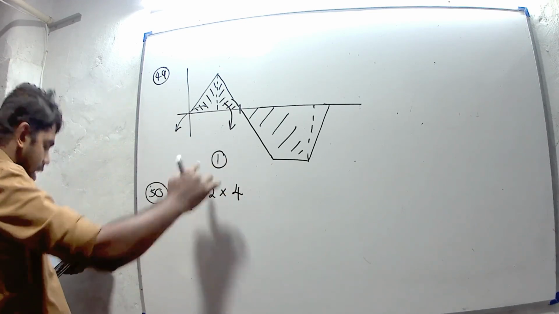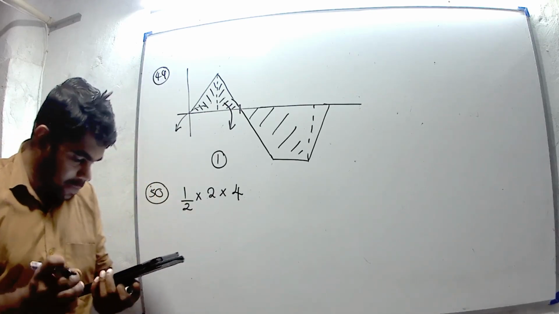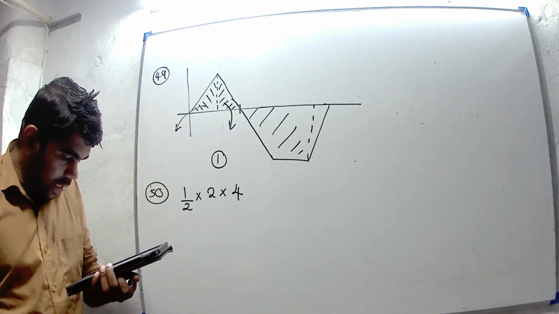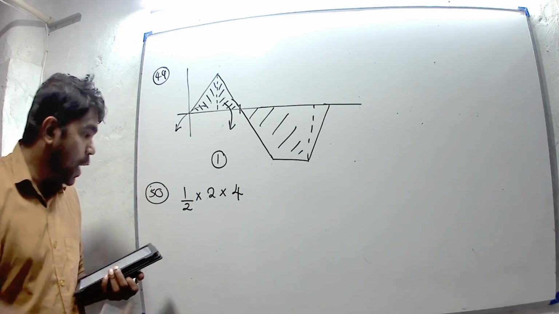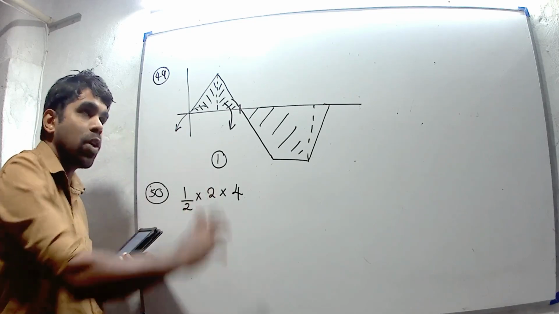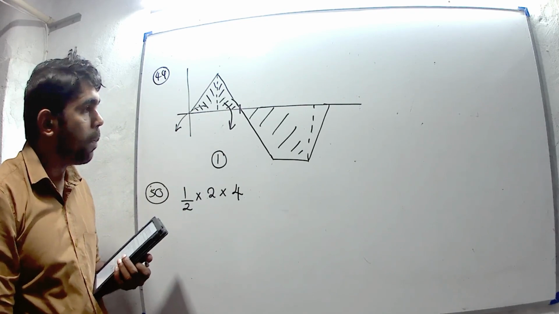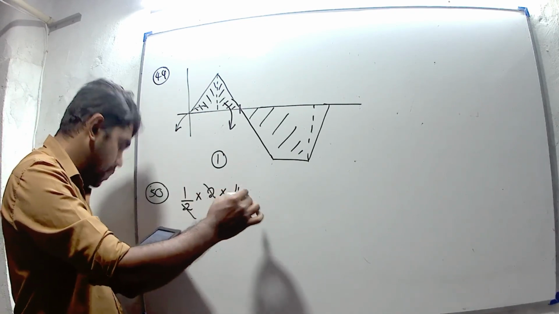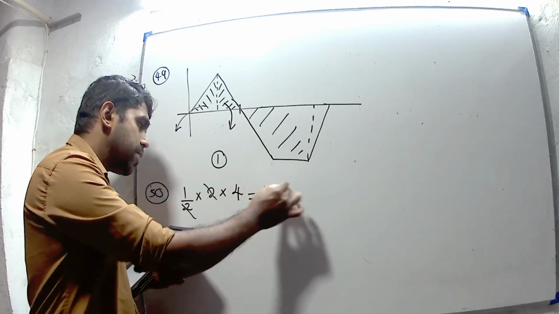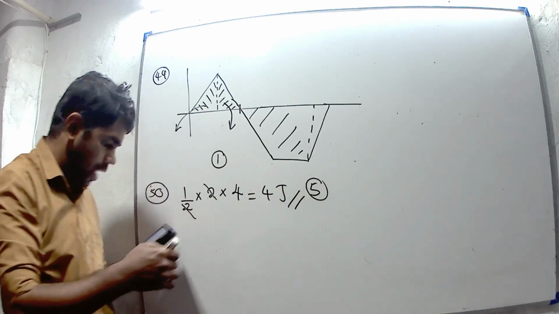This is the kinetic energy for object A. When considering the maximum stored energy for the two springs, it should be equal to this one, because this kinetic energy should be converted to potential energy of the spring. Then we can simplify it. The answer is 4 joules. This one is the correct answer for question number 50.